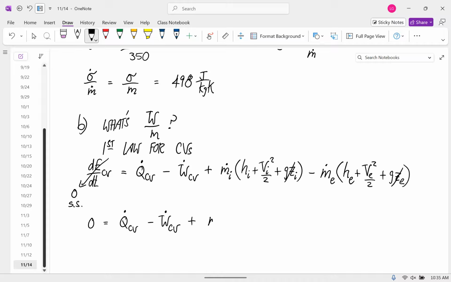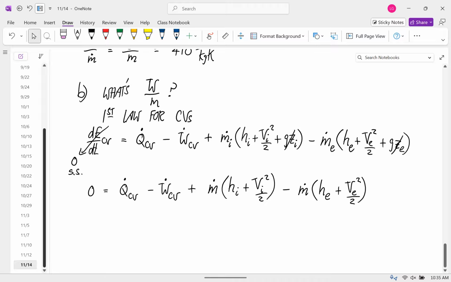And so this is m dot times the quantity h i plus V i squared over 2 minus m dot times the quantity h e plus V e squared over 2. And now you could divide everything by m dot.